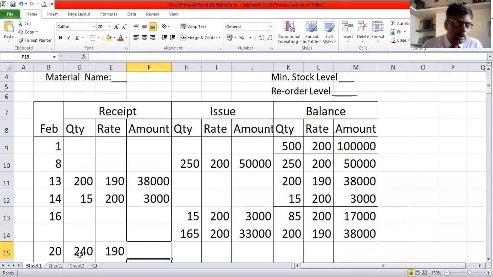Multiply these two, 240 into 190 is equal to 45,600.